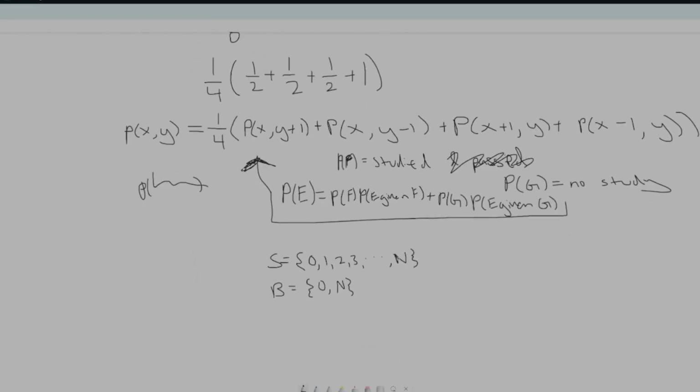The boundaries here are 0 and N. These are the ending points, if you're on a line graph like this. And our interior ones, I'll call it L. These are going to be our interior things. I'm just defining this so we can speak clearly.